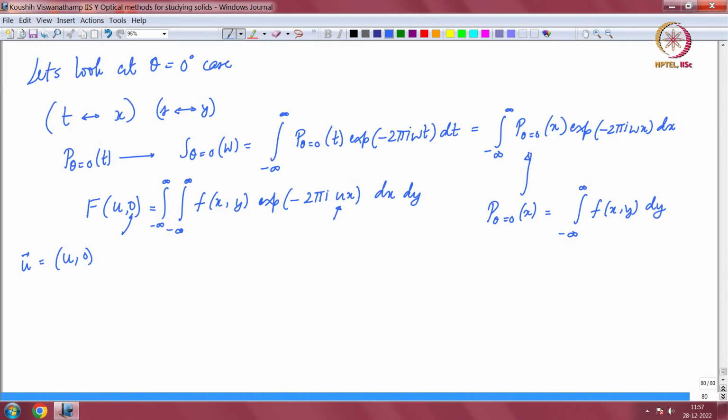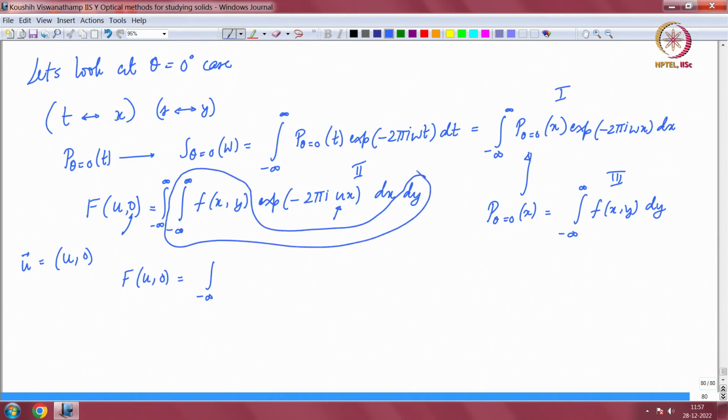Correct, because s is along the y direction. So now we can put this and this together, and you will immediately see that this whole thing becomes quite obvious. So f of u comma 0 is, we are going to split this integral, so we will do this part first. Okay. So we will keep the x integral out.